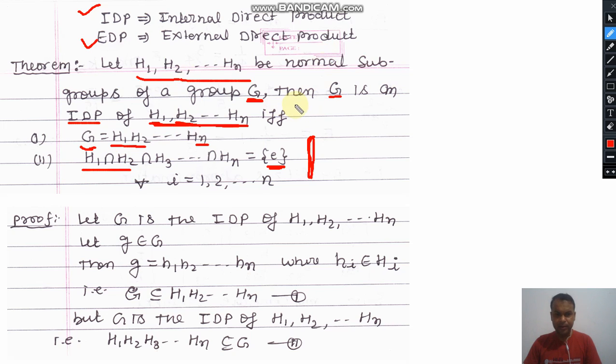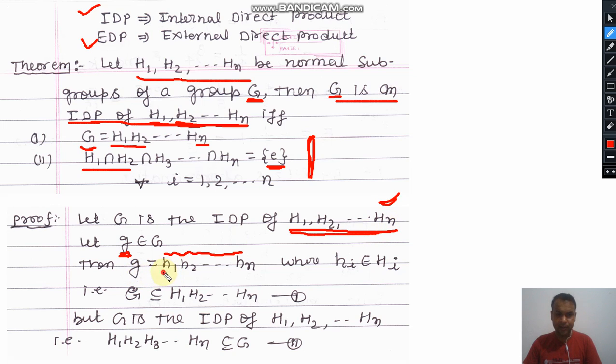First we will assume that G is an IDP of H1, H2 up to Hn. It means it is the internal product of these groups, so every element of the group G can be obtained by the product of these elements. Every element of this group G will be available in the direct product of these normal subgroups. Let us suppose we have an element g; then this element will be equivalent to a product of some elements of H1, H2 up to Hn.